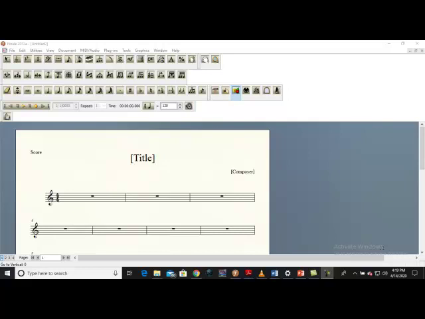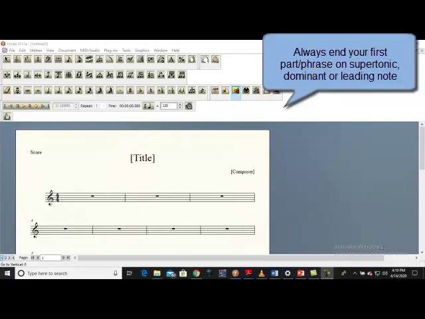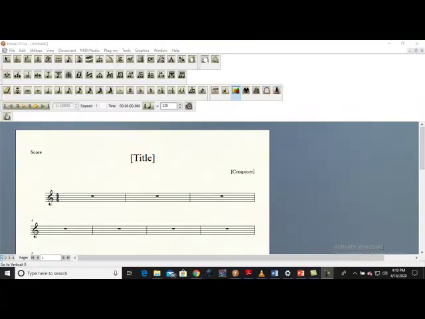We also looked at some of the rules. We said always end your first part or phrase of your melody on either the supertonic, dominant, or leading note. As we learned in a previous term, a melody has two parts, basically divided into two: the first phrase and the second phrase.